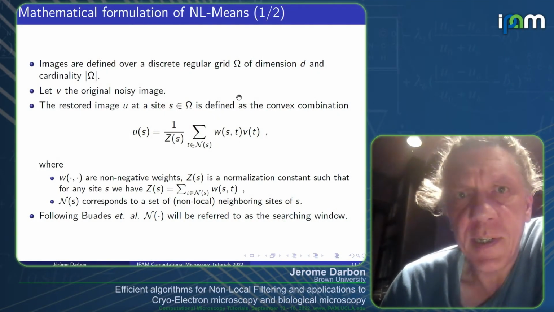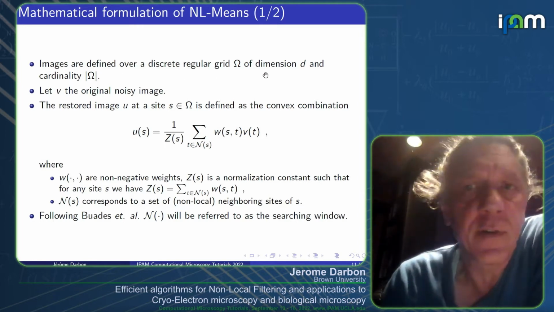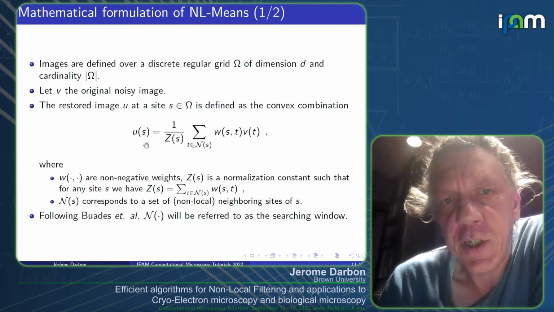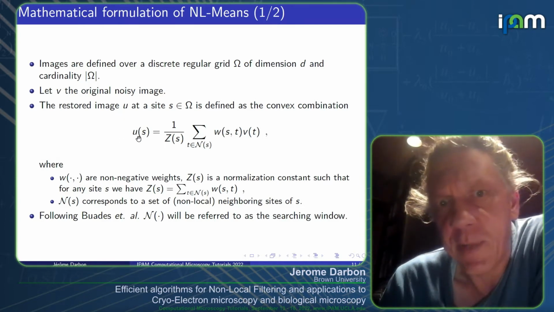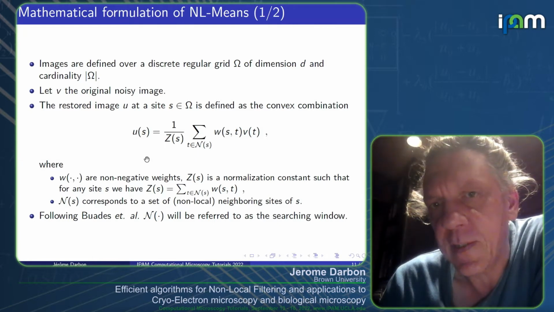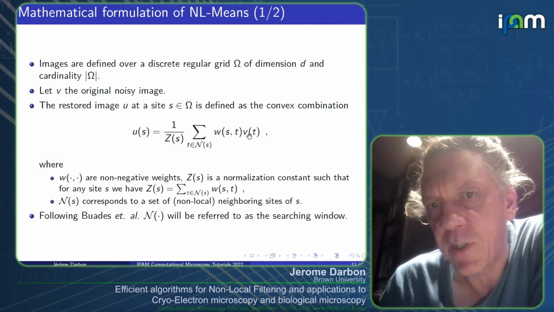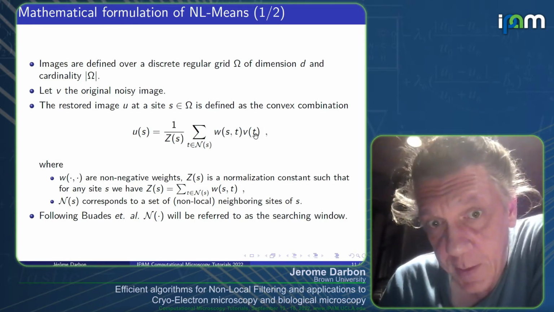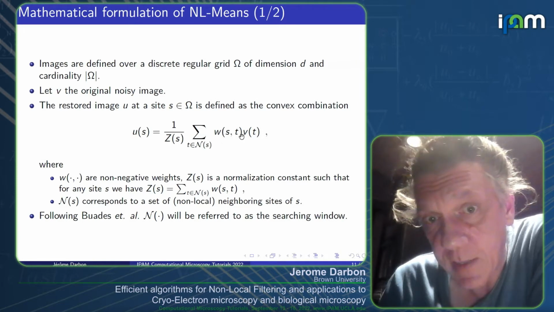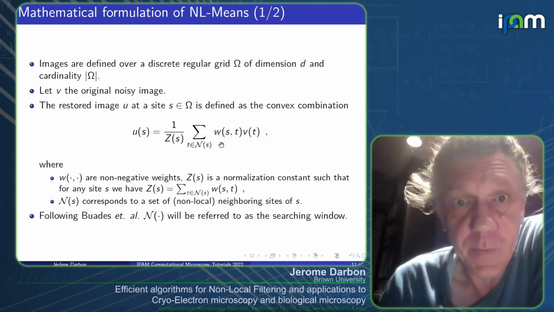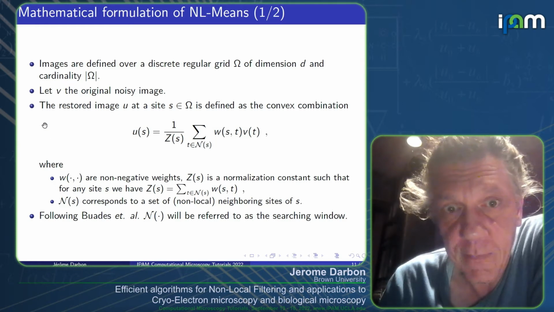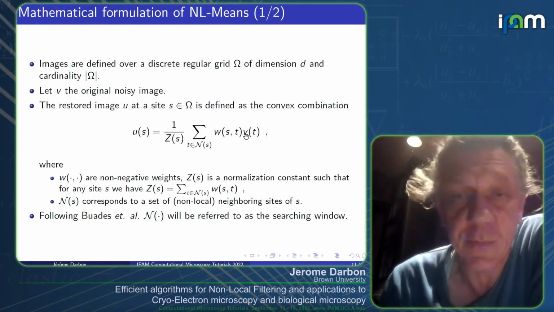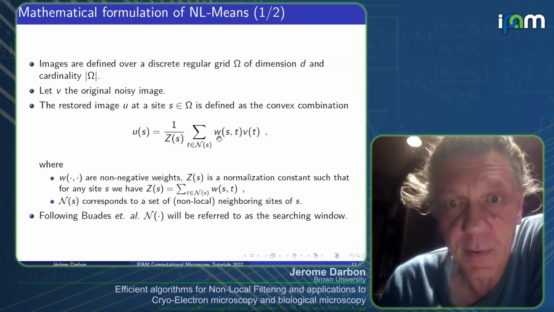We simply consider an image as a discrete regular grid of dimension D. I call V the original image, and the denoised image that I call U is a convex combination of the original image, where you select some pixels and they are weighted by some weights, W. So that's the averaging that is going to happen from some neighboring pixels that we need to find, and we also need to find the weights.